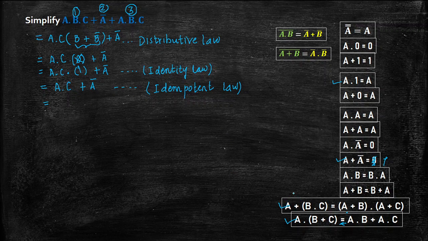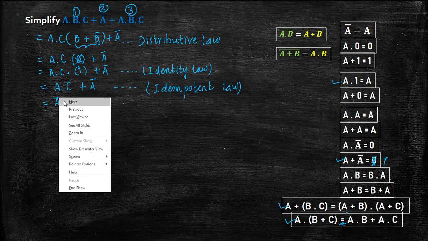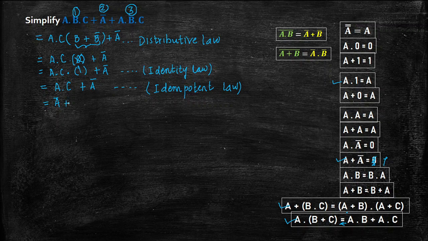So get the order correct, that is A complement first, plus A dot C. And the law we are going to use is the commutative law, right? So the commutative law gives you this simplification, and the distributive law this, right?